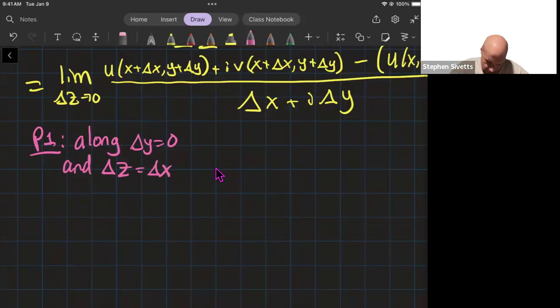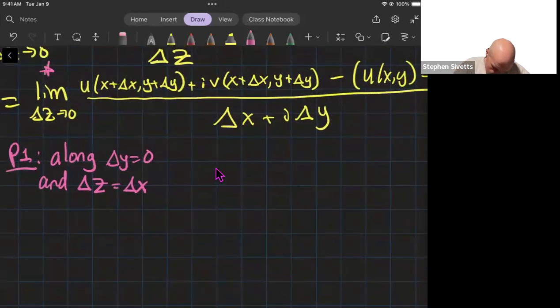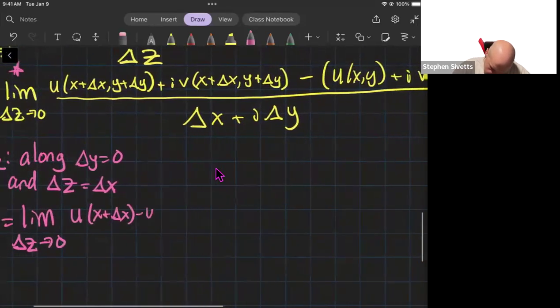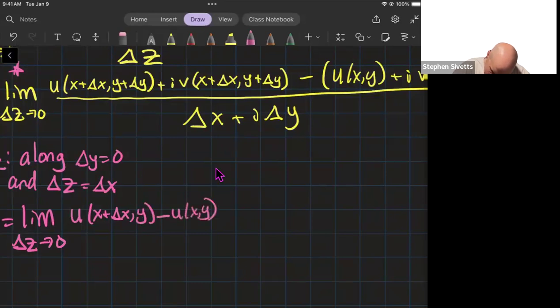So this limit right here will reduce down to this quantity. This would equal the limit as delta z goes to 0 of, so delta y is 0, u of x plus delta x, I have to be careful, and then y, minus u of x y, over delta x, since delta y is 0.